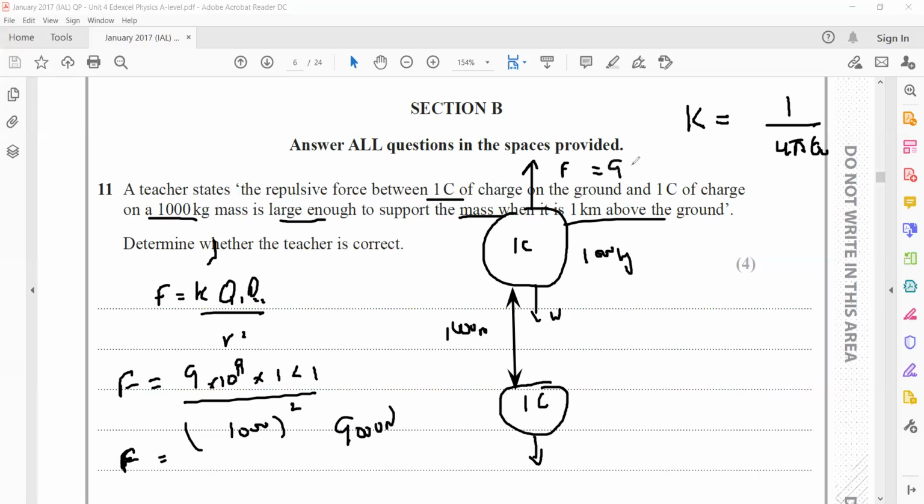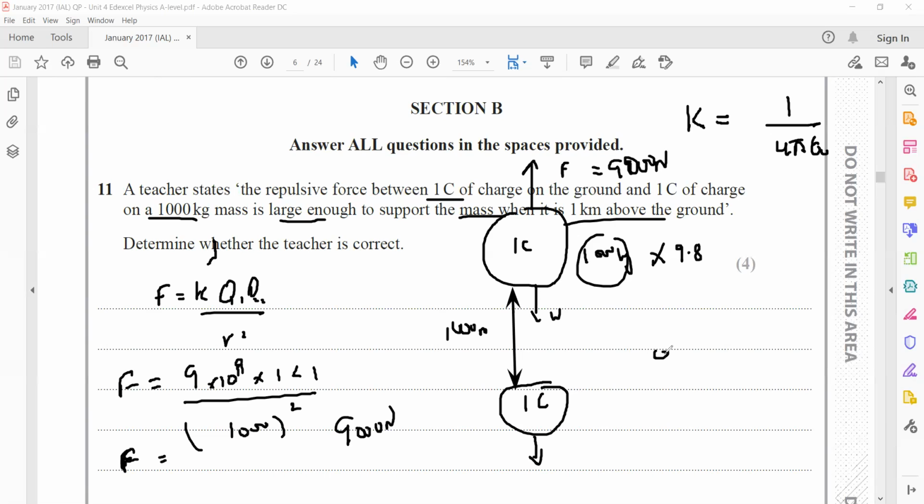And what about the weight? Weight is mass multiplied by gravity. So mass is 1000 and the gravity is 9.8. When I multiply 1000 with 9.8, what I will get? So is it enough to balance 9.8 multiplied by 1000, which is equals to 9,800.